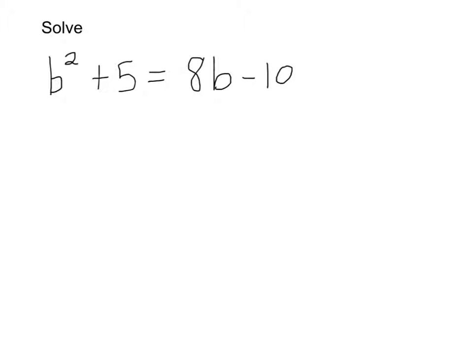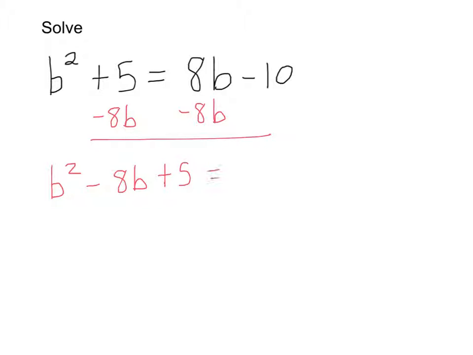How would I get 8b to the left? Subtract 8b on both sides, right? And so I have b squared minus 8b plus 5 equals negative 10. But I don't want that negative 10 on the right either, do I? So let's move the negative 10 to the left.